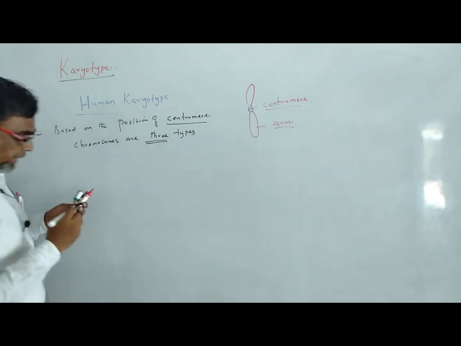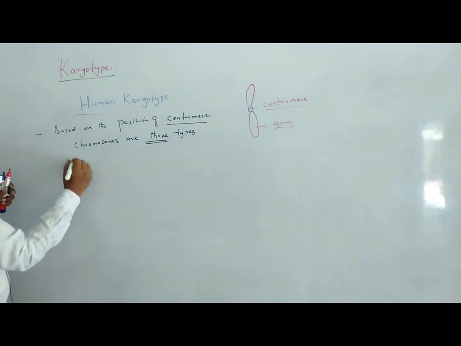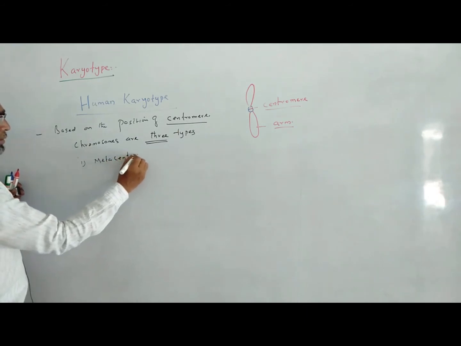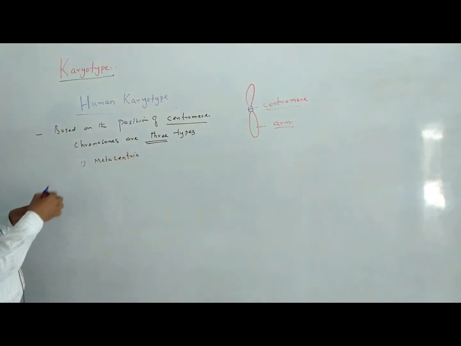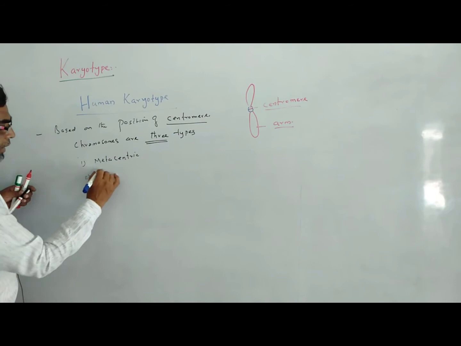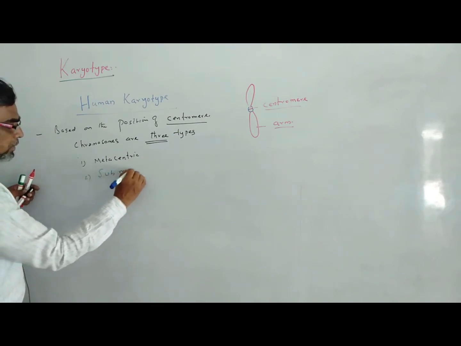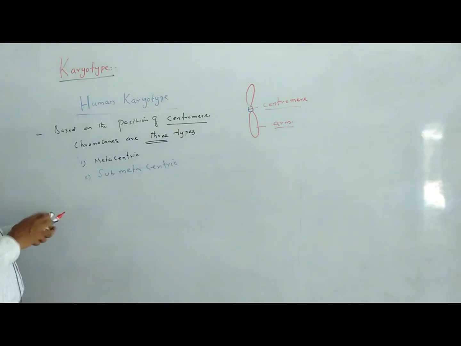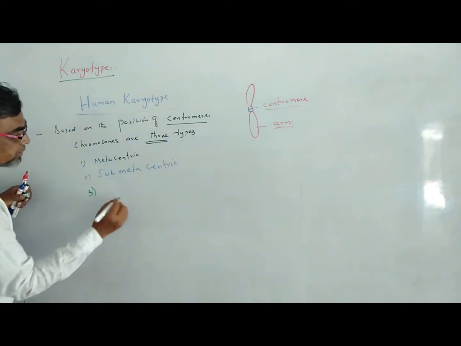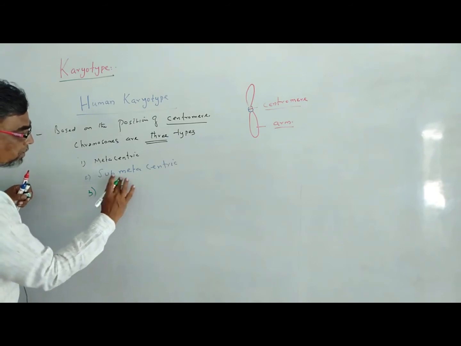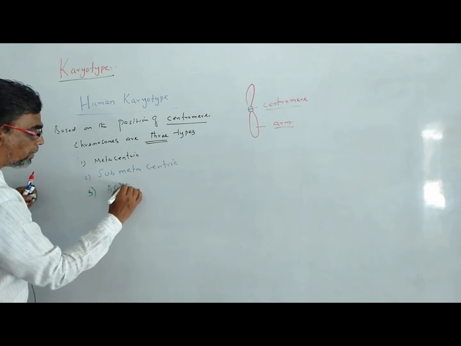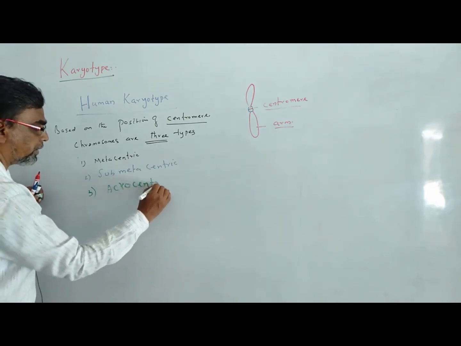How many types? Three types. What are the types? One is called metacentric. The second one, submetacentric. The third one, acrocentric.